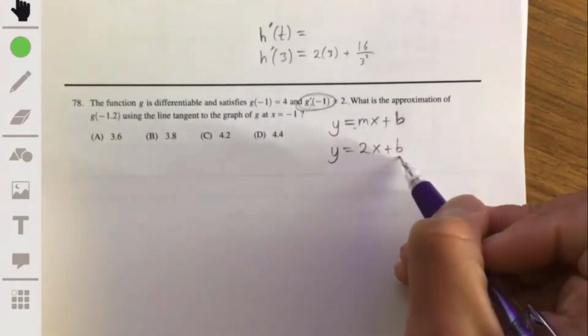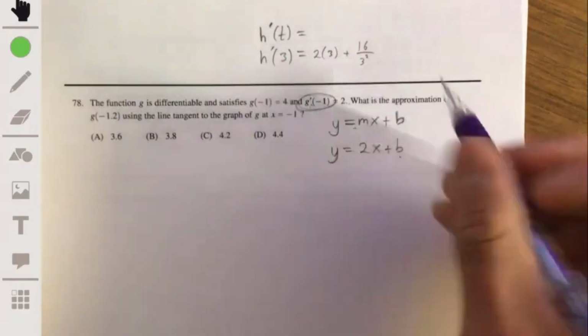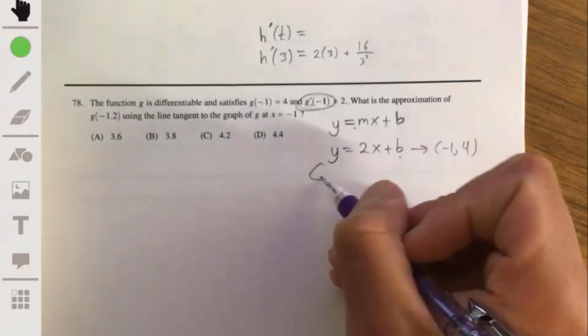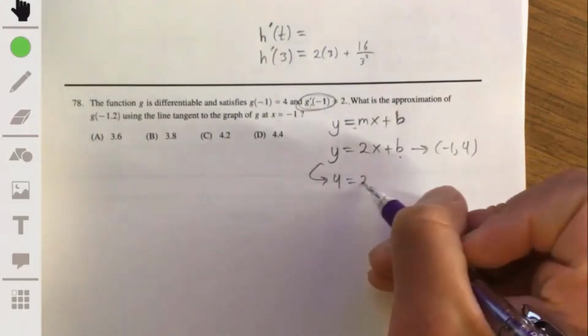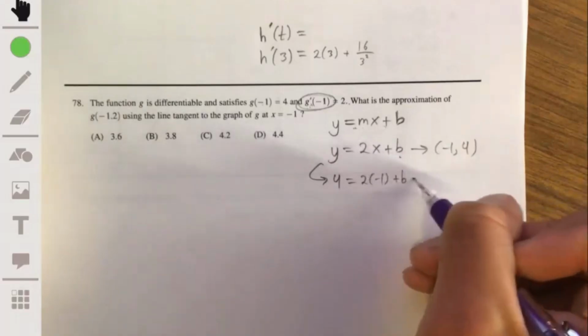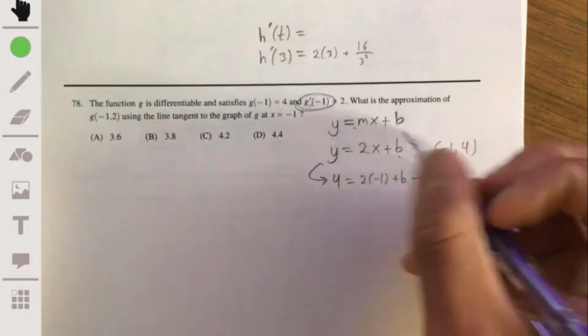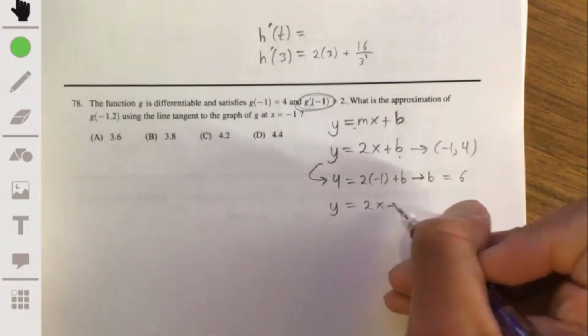We want to solve for b, and we know that it goes through negative 1, 4. So you're just solving this like back in your algebra days: 4 equals 2 times negative 1 plus b, and you'll get that b is 6, and your equation for the tangent line is y equals 2x plus 6.